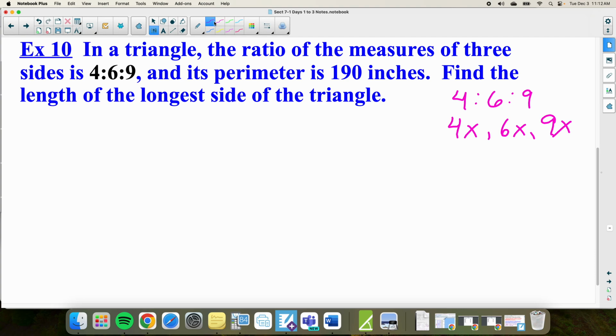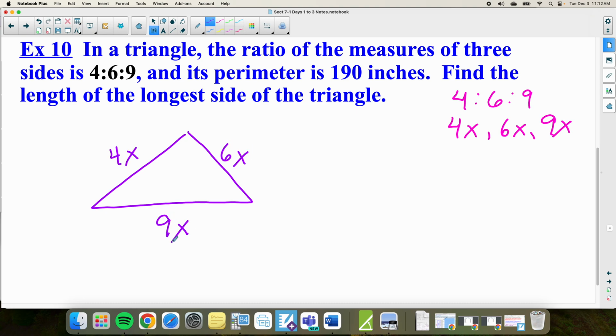Now, here's what this is saying. It's saying we have a triangle, and our sides are in the ratio of 4x to 6x to 9x. Then it also says that the perimeter is 190. Okay? So here is what we would do.